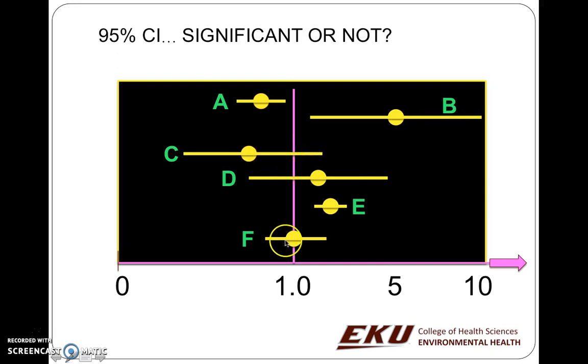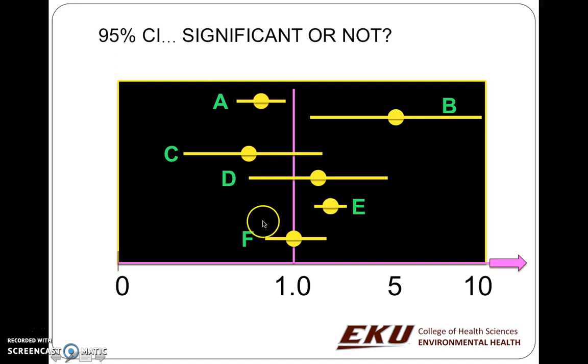So does D. So does F. Are those significant or not? So take a second to look over those. Make a few mental notes to yourself of whether or not you think that all of these are significant, whether or not E is significant. The whole confidence interval for E is above 1. So we know that that's harmful, but is this significantly harmful?